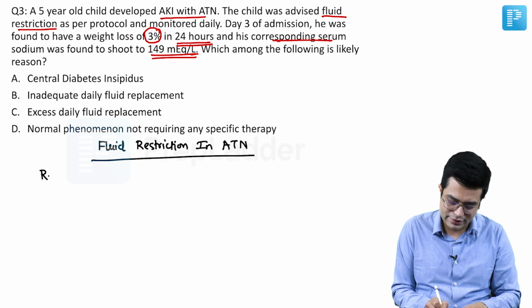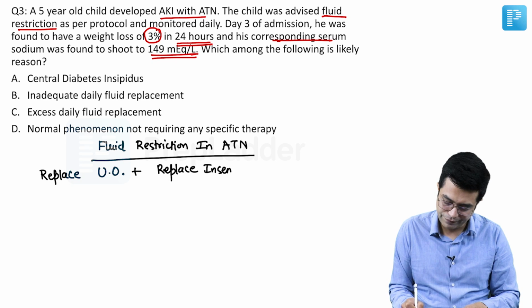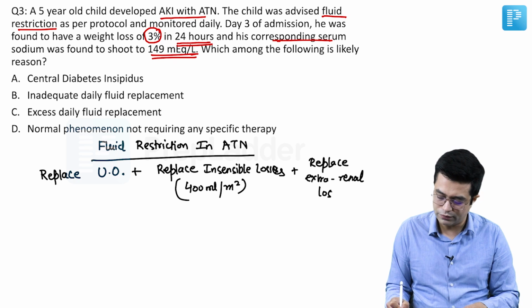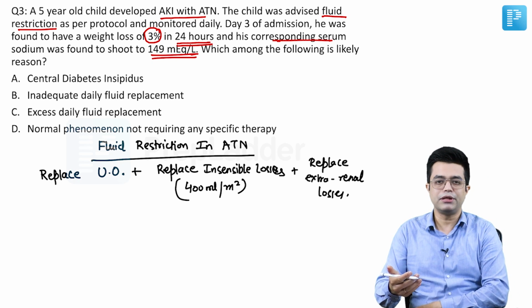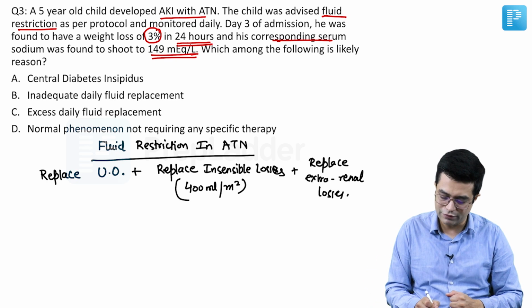So you replace urine output in the child, plus you replace insensible losses. Usually insensible losses are in the range of 400 ml per meter square body surface area. Plus you will replace any extra renal losses, volume for volume. For example, if the child has vomited 15 ml, you will replace it with 15 ml. This is what the fluid restriction is.